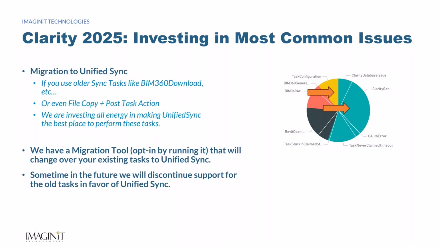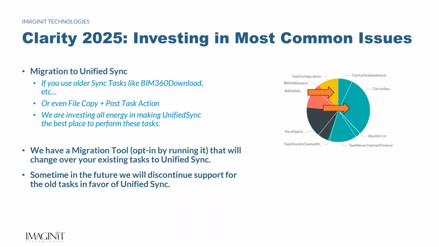Like we had a BIM 360 download, and we had a ProjectWise download, we had a SharePoint download, all of these different kinds of things, and you could do different sort of tricks to say, I want to download from here, put it onto a network folder, but then also turn around and upload it to BIM 360. And those tricks were functional, but they weren't really good. And so we spent the last few years developing our unified sync task to be able to do those kinds of things and just do it as best as possible.